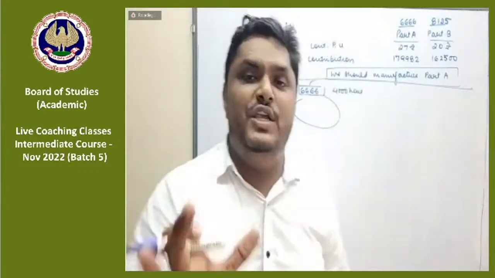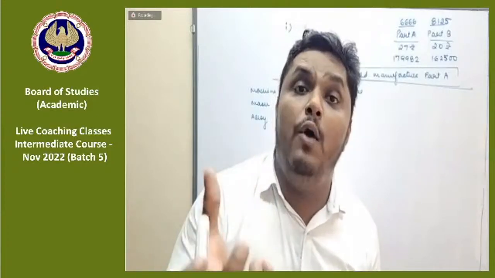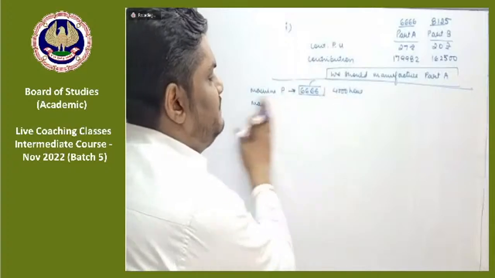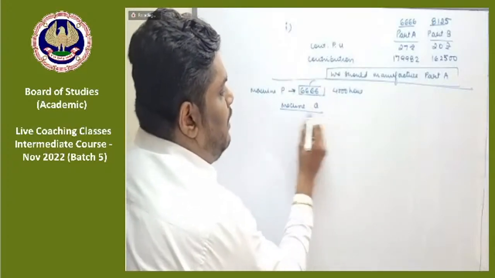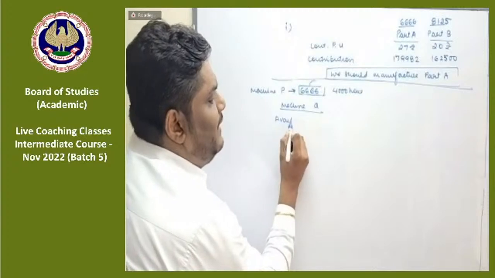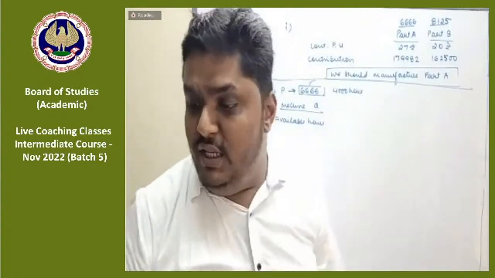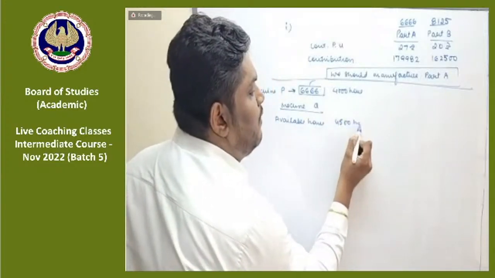Now, machine Q was not the constraint in that case. So very simple, how many machine hours are utilized for machine Q? Machine Q, the total available hours are 4,500 hours.